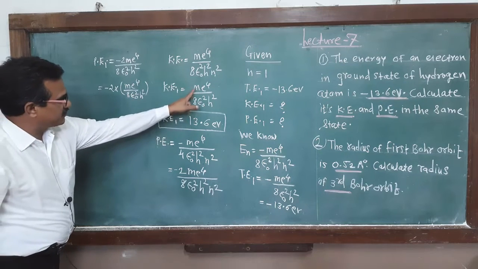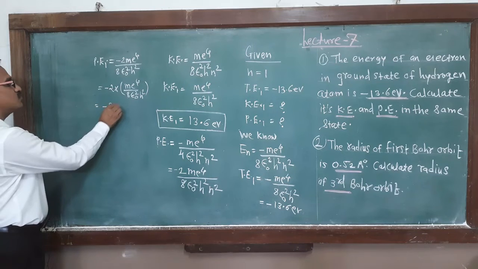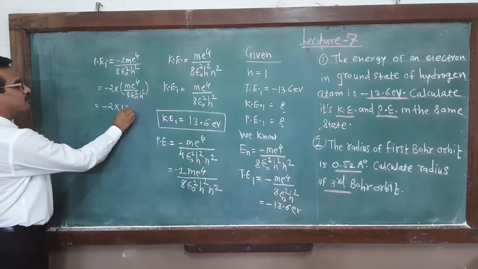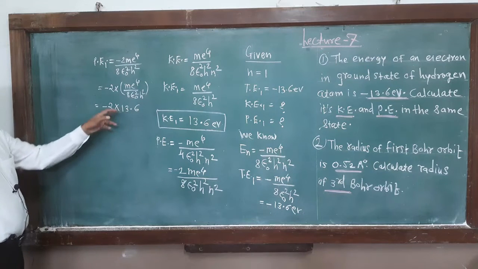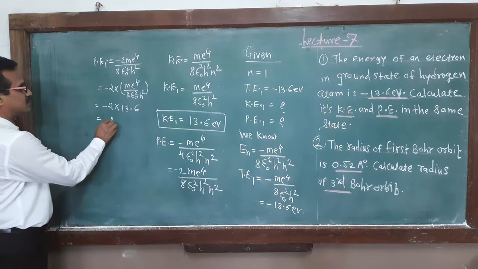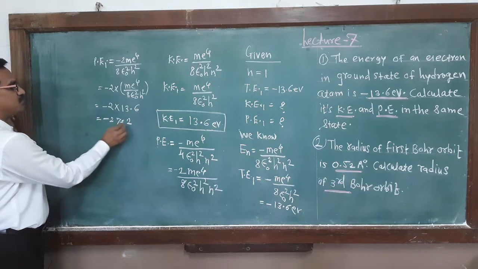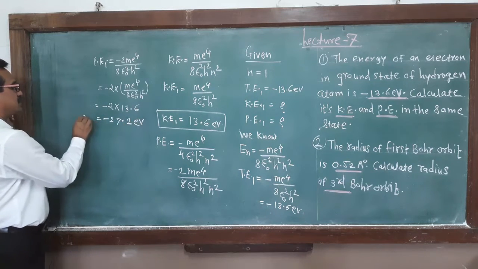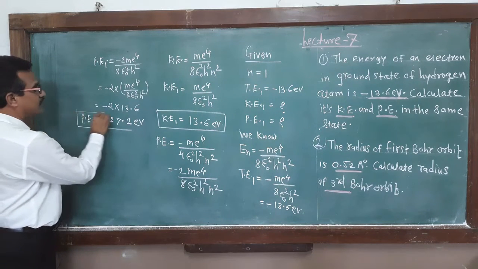What is this? This is kinetic energy, and that must be equal to minus 2 multiplied by 13.6, that is 27.2 with negative sign, electron volt. This is actually the value of the potential energy in the ground state.